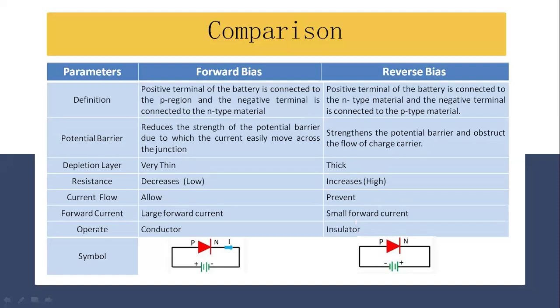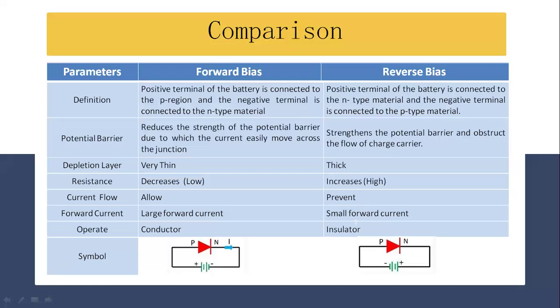And you can also see that in this diagram of the forward bias, the current is flowing, which is shown by arrow I. Whereas in reverse bias, the positive terminal of the diode is connected to the negative terminal of the battery, and the negative terminal of the diode is connected to the positive terminal of the battery. And here no current flows. That's why we haven't shown any flow of current in this circuit connection.